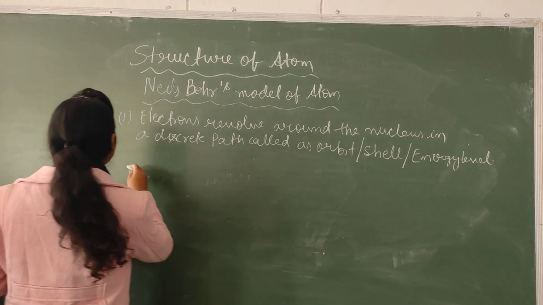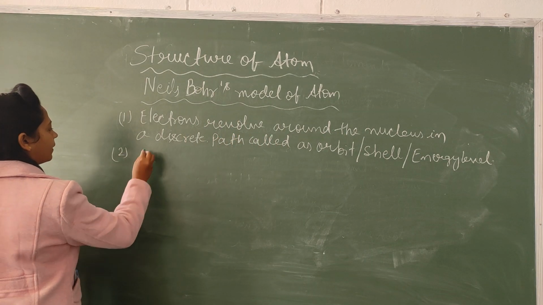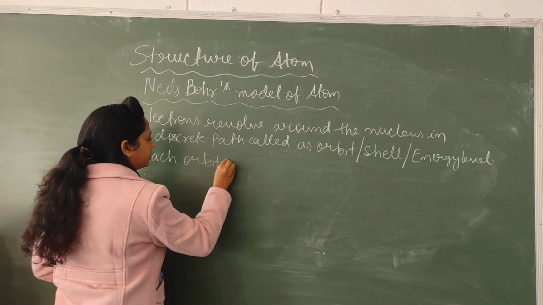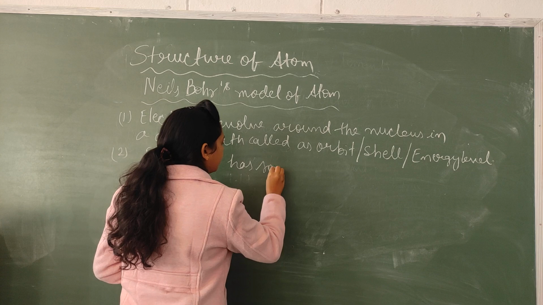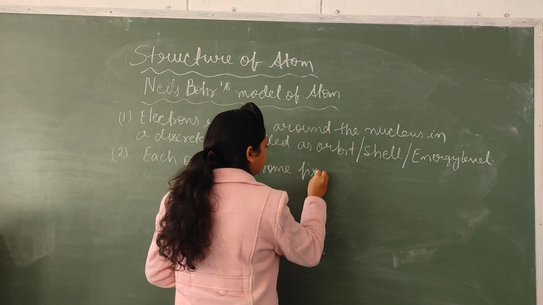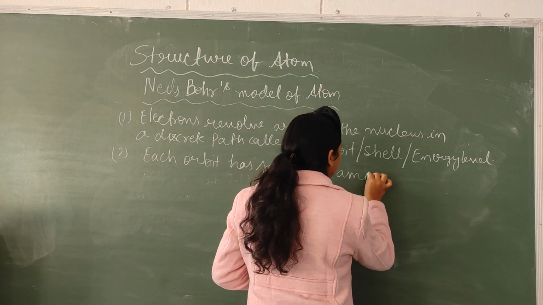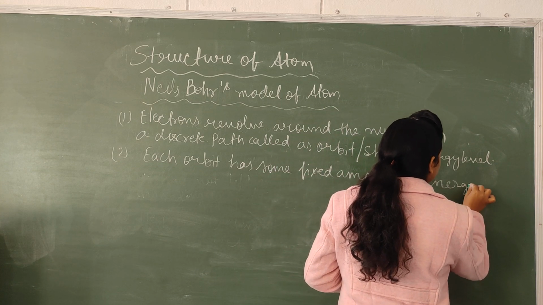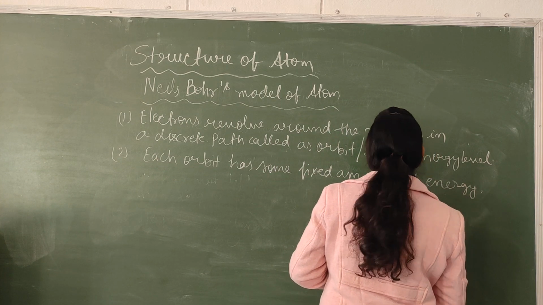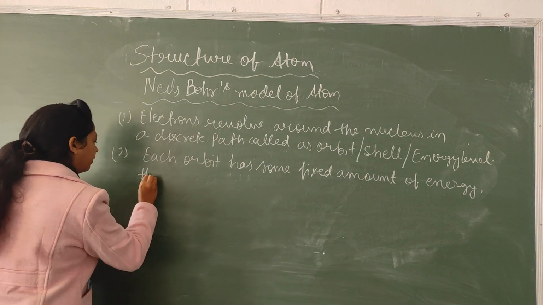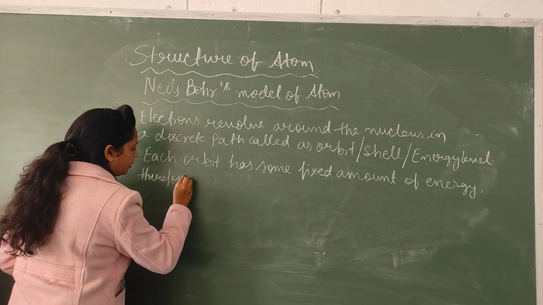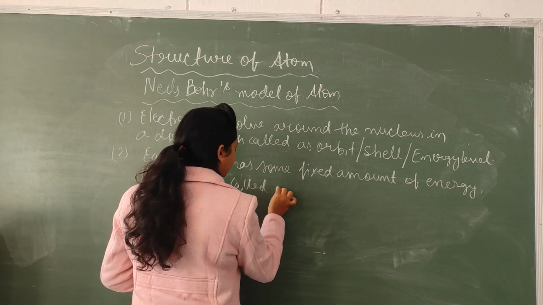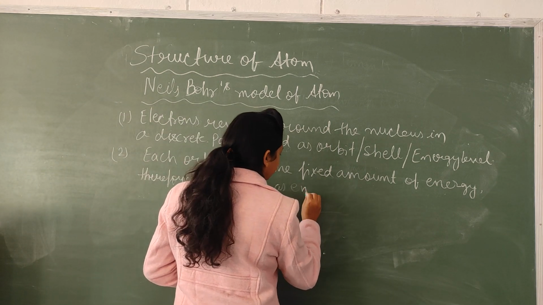Now the second: each orbit has some fixed amount of energy, therefore it is called energy level.